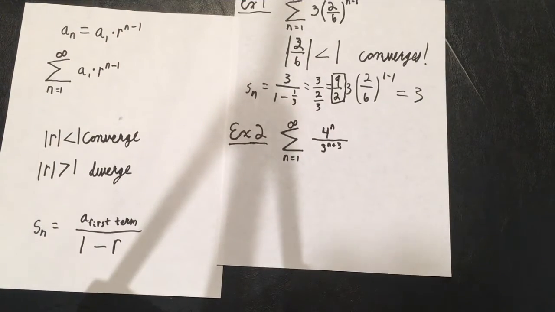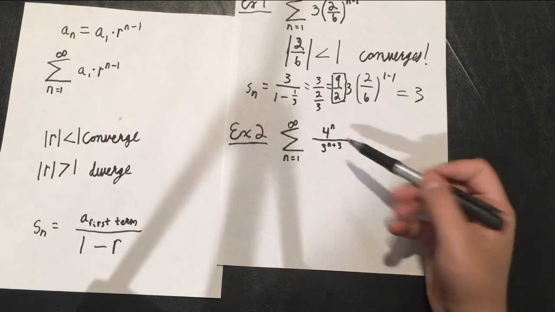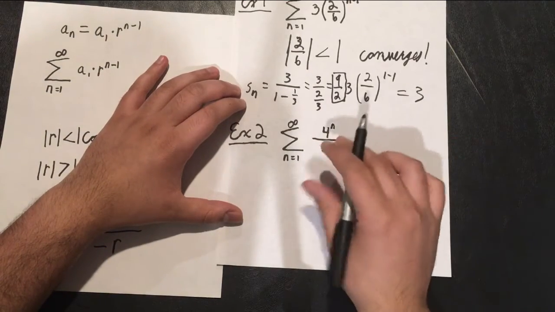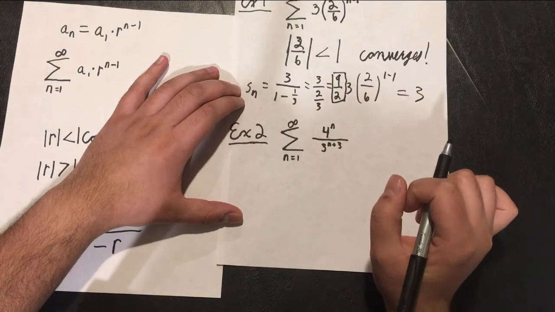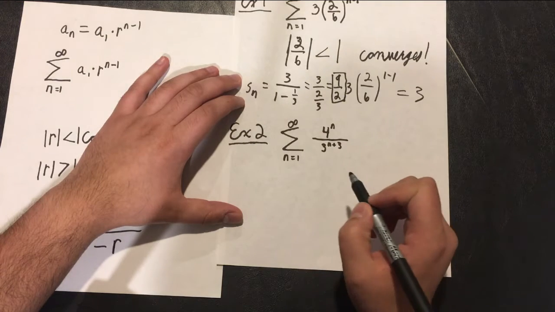But the way we're able to tell it's a geometric series is the constants are the bases, while the variables are in the exponent. So what we do is try to manipulate this. We want a single exponent, right? So all I'm going to do is try to shift this a bit.